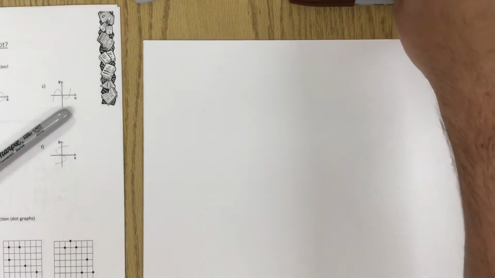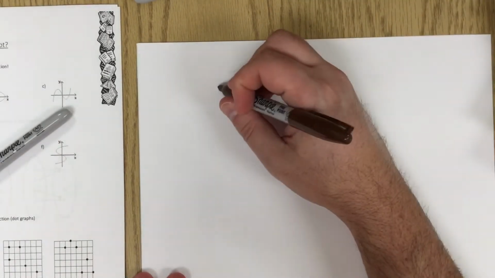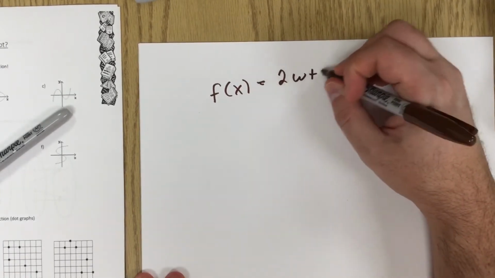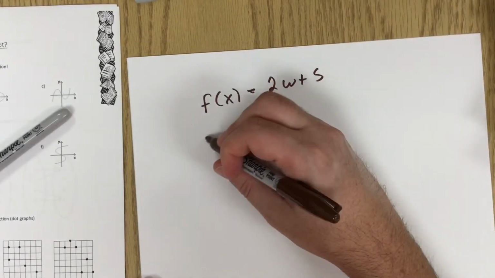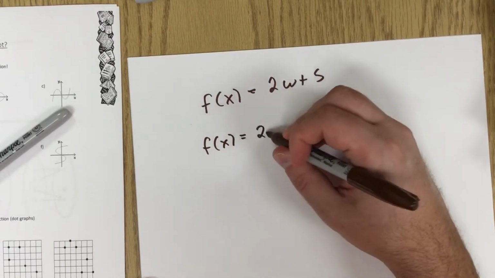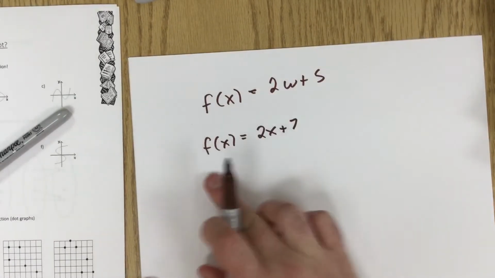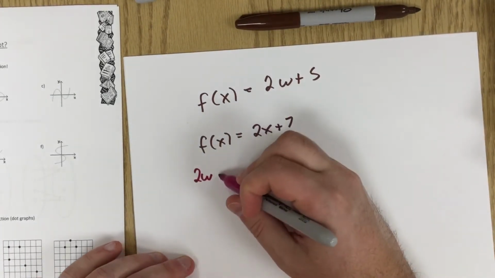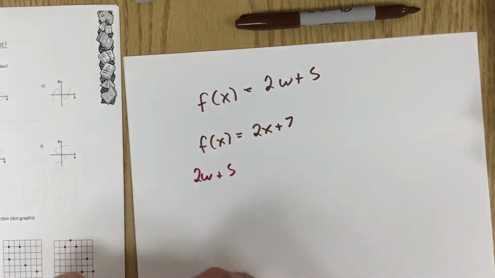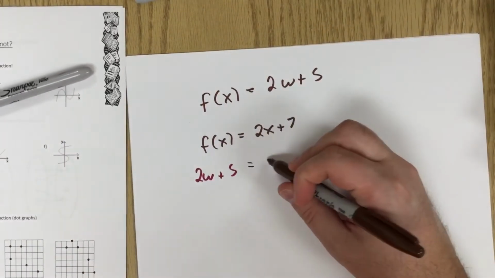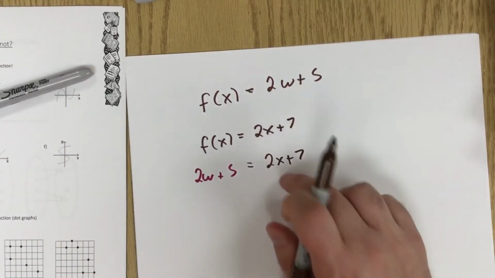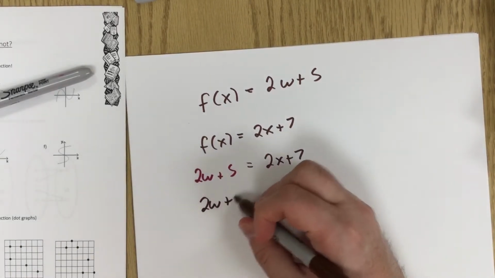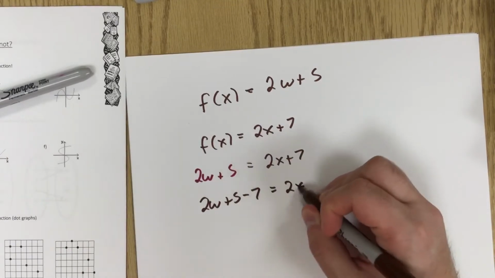And an interesting version of that might be, let's say f of x was 2w plus 5. So we knew that f of x is 2x plus 7, but now f of x is that. So 2w plus 5 is 2x plus 7, and we want to find out what x is, so we're trying to solve for x. So we bring the 7 over, we get 2w plus 5 minus 7 equals 2x.